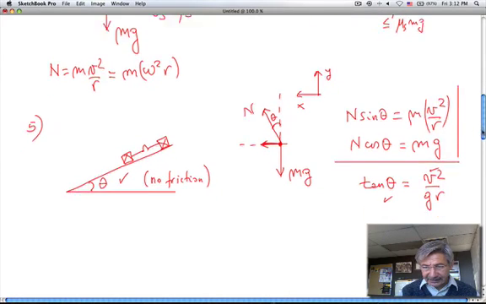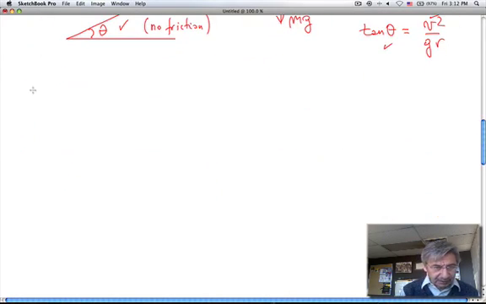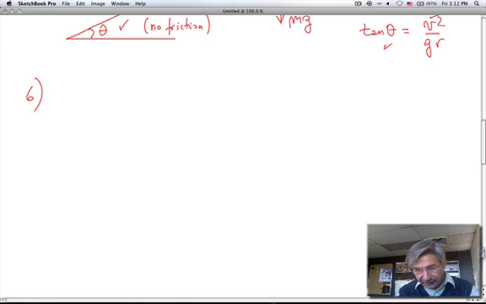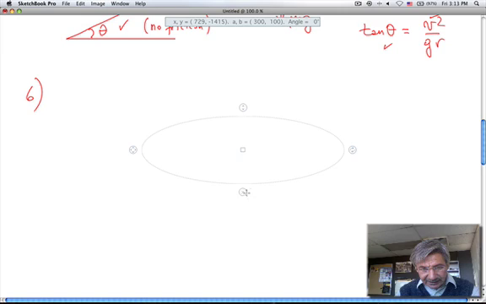So all of that was done in detail in lecture, so it should be pretty clear. So let me go to number 6. Now number 6 is interesting because this is when you are going around in a circle, but the circle is horizontal.